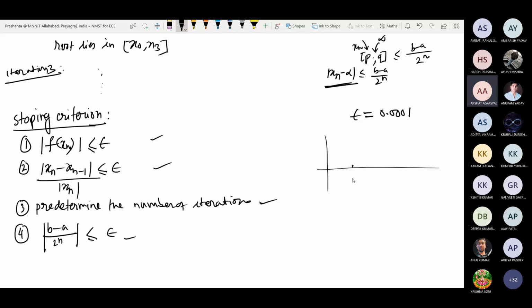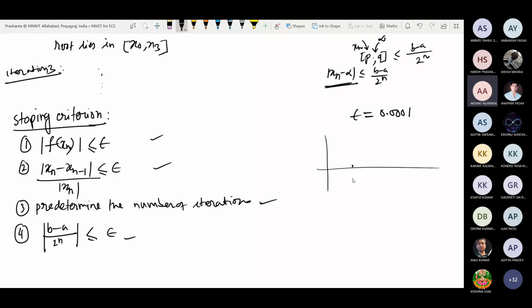If a tolerance is given, from the last relation you can determine, even before starting the calculation, how many iterations you need so that the difference between the obtained solution and the exact solution will be less than this tolerance epsilon. This epsilon is known as tolerance.